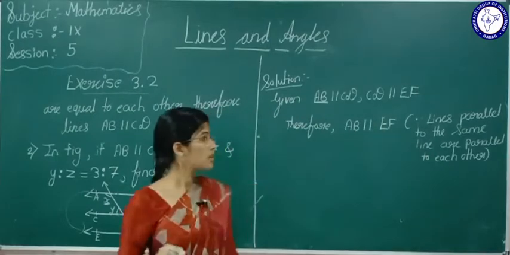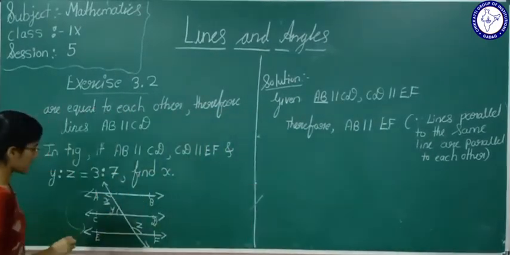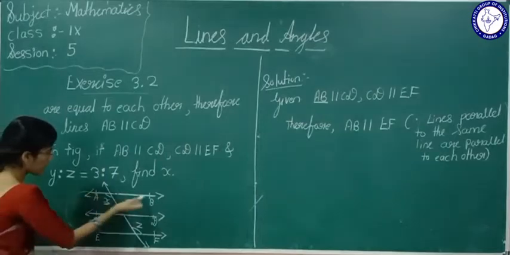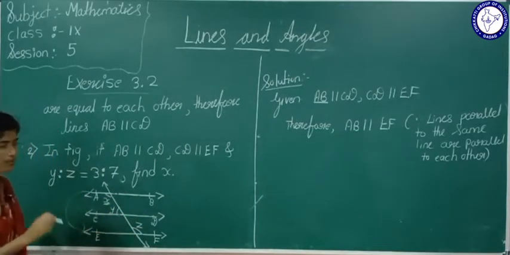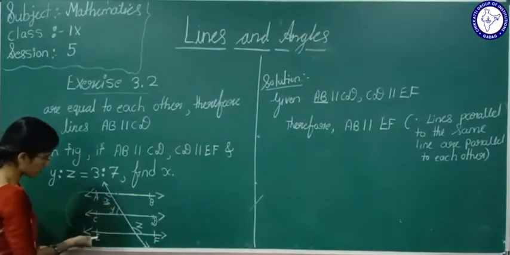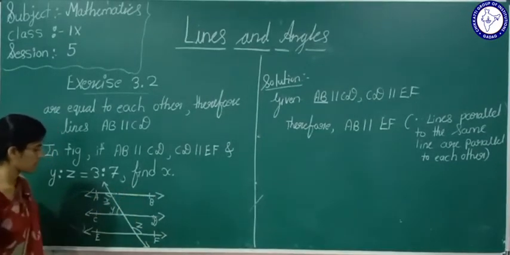Okay. Now we came to know that here AB is parallel to EF. This implies AB is parallel to EF.